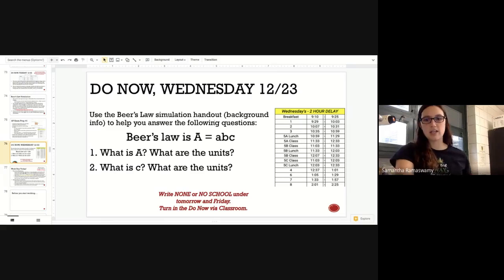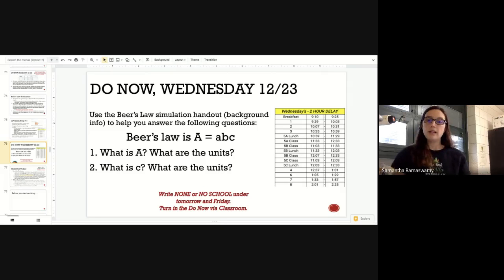So Beer's Law is absorbance equals the molar absorptivity constant, times B, which is path length, times C, which will help answer number two, which is concentration. So for number one, A is absorbance. What are the units? There aren't any. Absorbance is unitless. It's just a number.